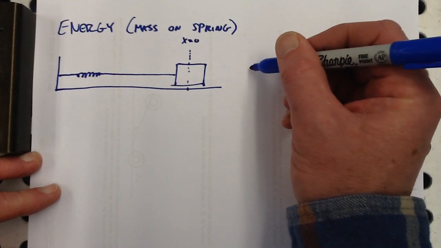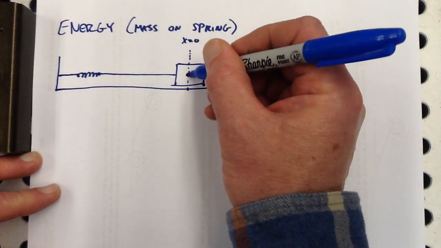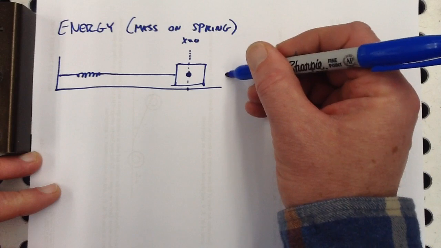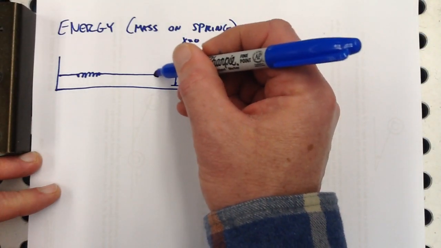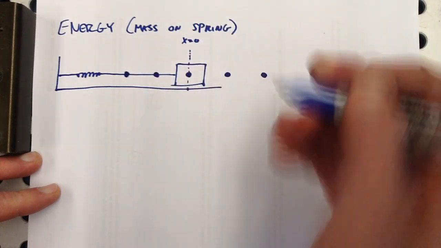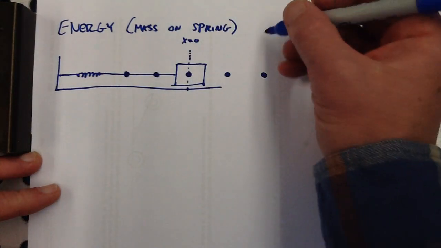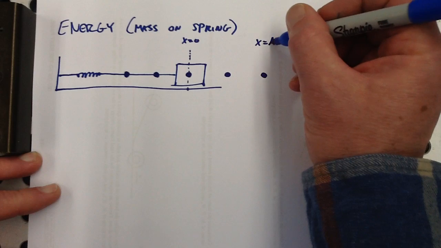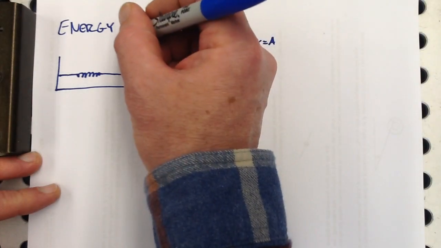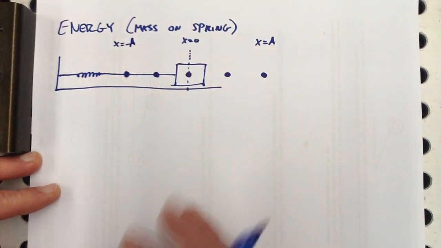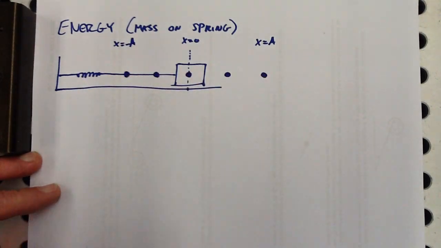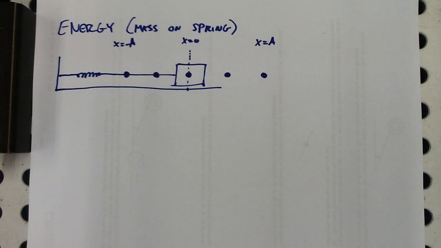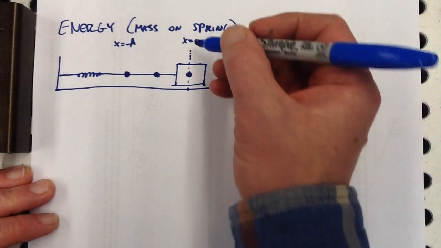And then I'm going to draw another position here, here, here, and here. Now, I'm going to say this is like my maximum position. So this would be like negative A here, right? So it's going to oscillate back and forth. And I just made these different dots so I can think about what's going on at those different positions in terms of energy.